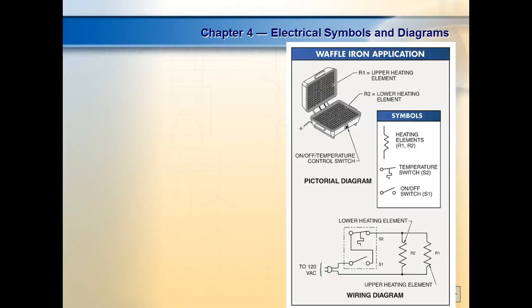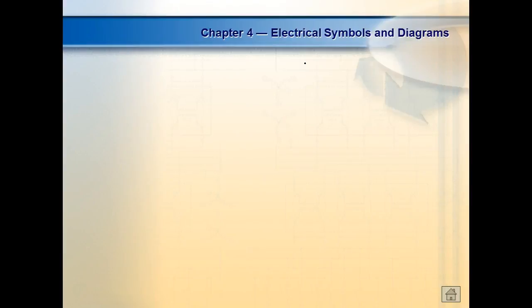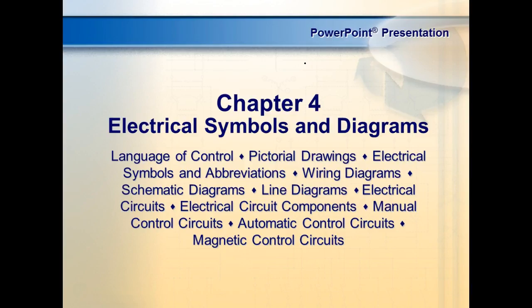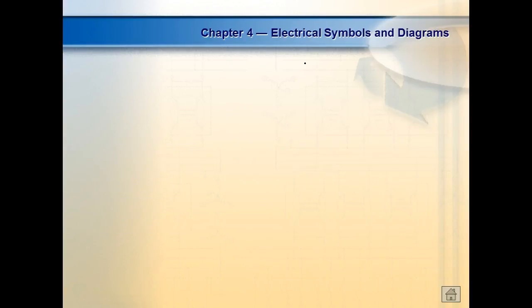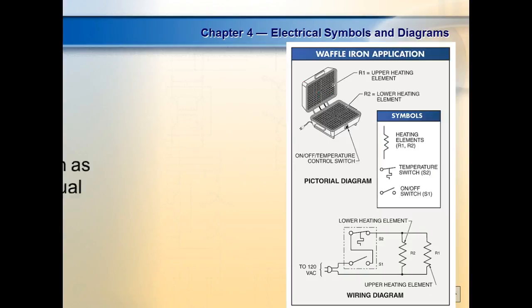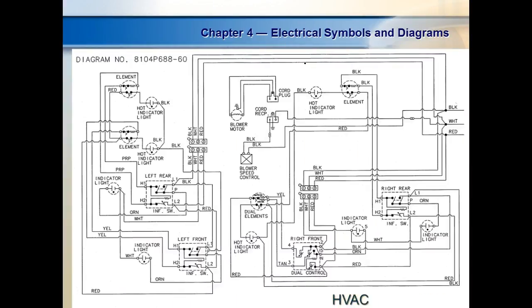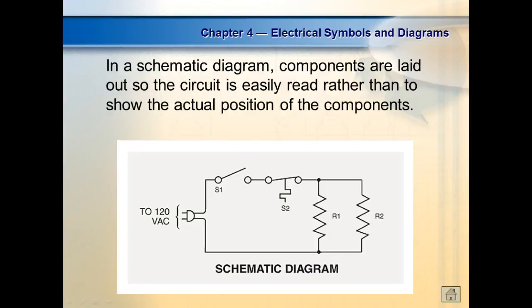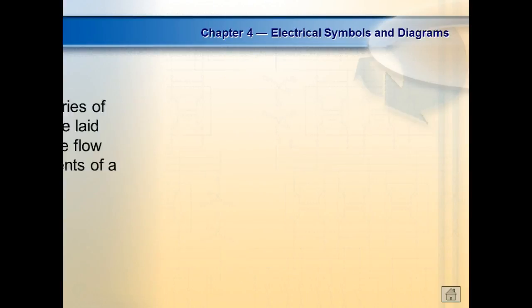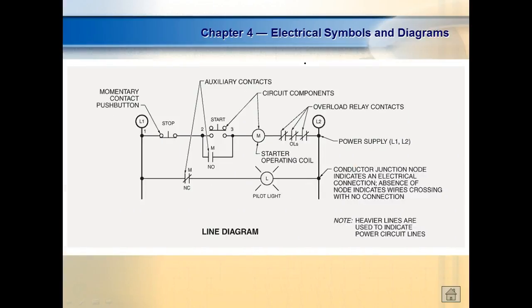Let me get a little better diagram. Where's it at? So there's that's a wiring diagram. This is a schematic. And then this right here would be a ladder diagram.